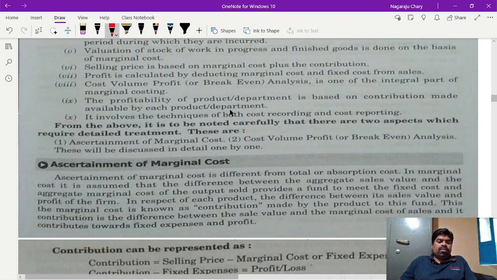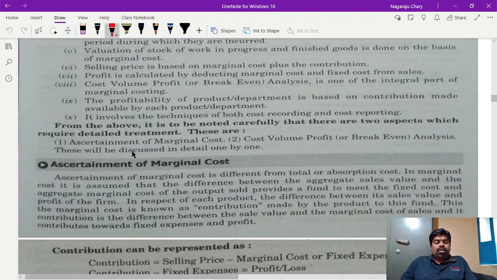The profitability of a product or department is based on the contribution made by each department. So that's why profit can be calculated for each department and each product based on the contribution. That is also possible in marginal costing. Next, it involves the techniques of both cost recording and cost reporting.